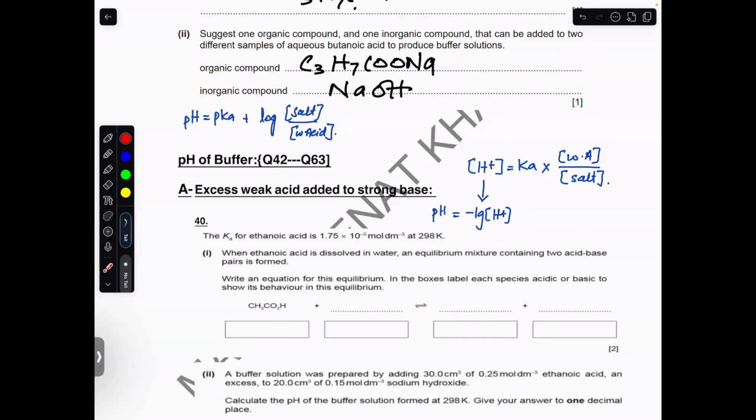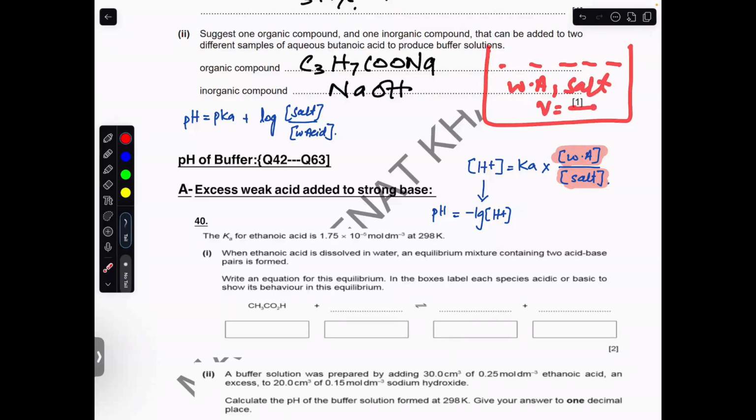Now, listen, the important point: it is the ratio of weak acid to the salt, right? So keep in mind, the ratio of the concentration is always equal to the ratio of their moles. Because in any buffer, when you make the buffer solution, the weak acid and the salt are in the same volume.